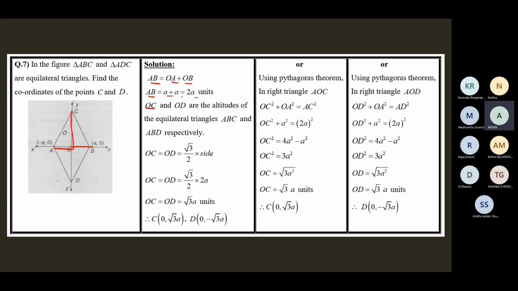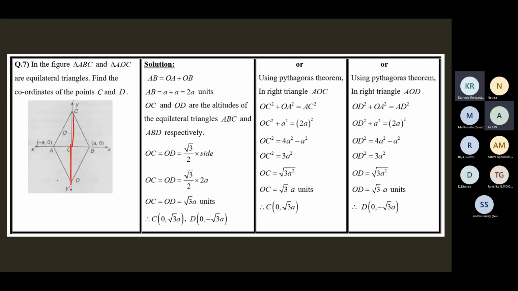OC and OD are the altitudes of the equilateral triangles ABC and ABD respectively. There's one equilateral triangle on the top, and there's another triangle below. Both are equilateral triangles. OC is the altitude in the first triangle, OD is the altitude of the second triangle.